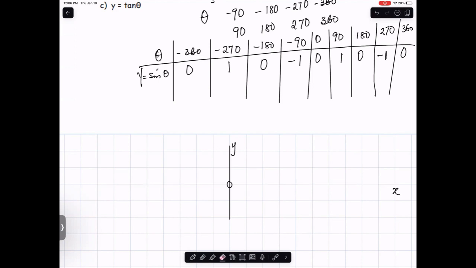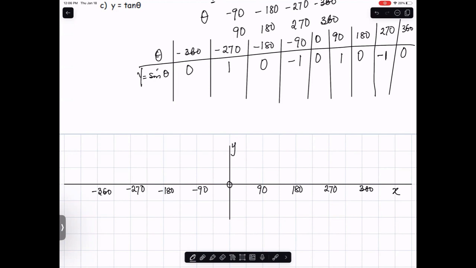So 90, 180, 270, and 360. Then on this side, we have our -90, -180, -270, and -360 degrees.